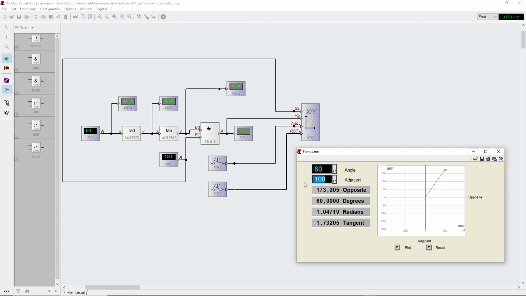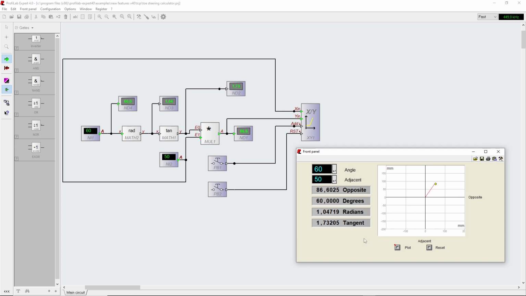So reducing the adjacent to half of that value, our triangle now becomes smaller. So let's capture that position and plot it. So there's our triangle over there.